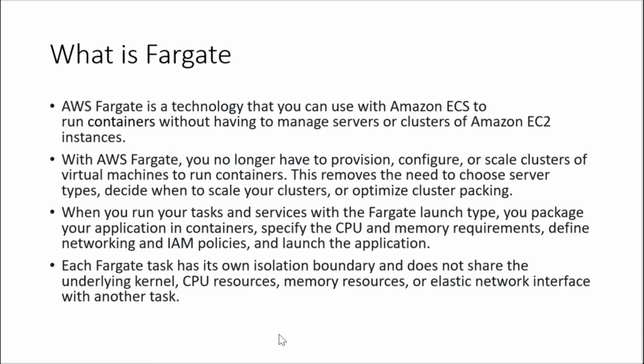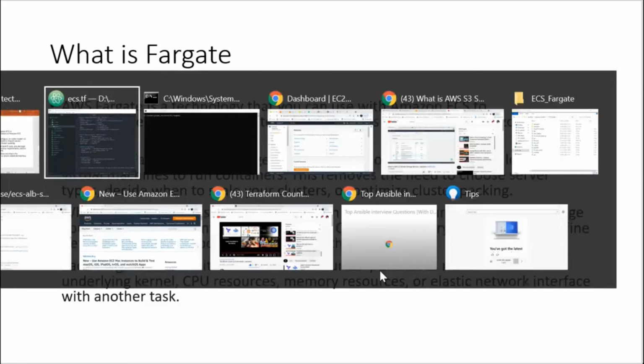So a service role is required to run. Each Fargate task has its own isolation boundary and does not share the underlying kernel or CPU resources of our actual EC2 or any other tasks. So it has its own boundary, and won't depend on any other tasks. That is what AWS ECS Fargate is.